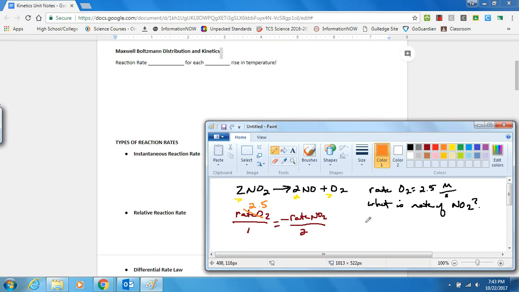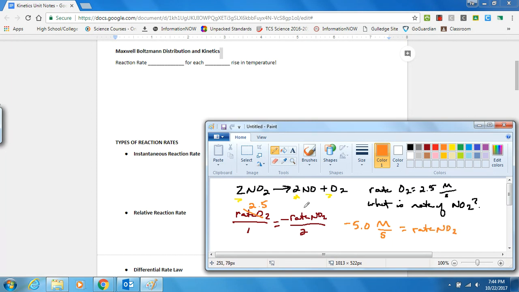So what would equal the rate of NO2? It would be negative 5.0 molarity over seconds, right? Molarity over seconds, that's the units for rate because it's changing concentration over time. And that is equal to my rate of NO2.